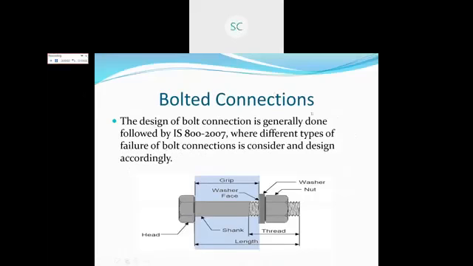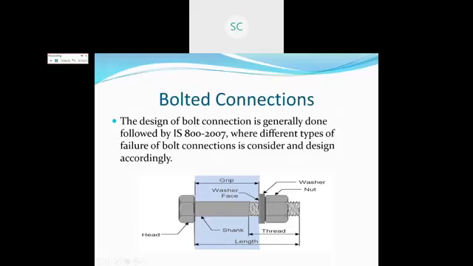The design of bolted connection is generally done following IS 800:2007, where different types of failure of bolted connection are considered and designed accordingly. We all know what a bolt and a nut are.